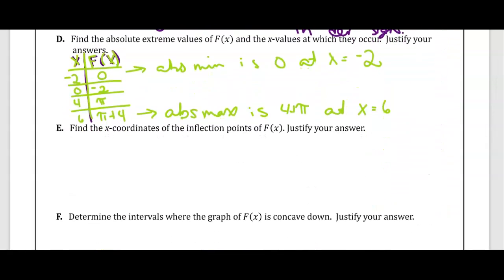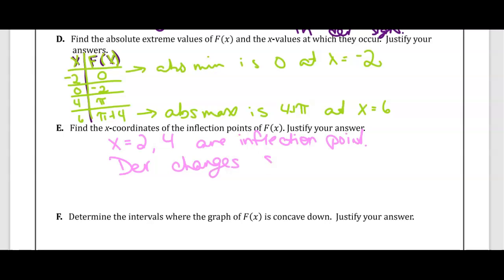So we will say x equals 2 and 4 are inflection points. The derivative changes sign, so we can say that the concavity has changed.